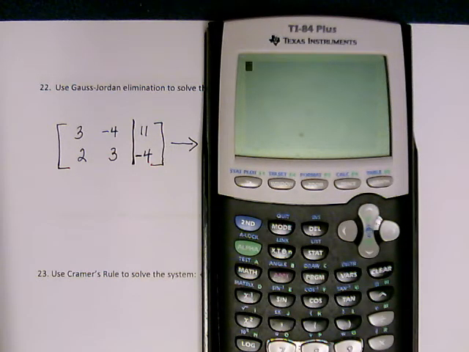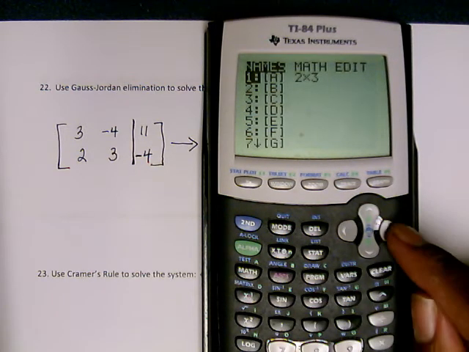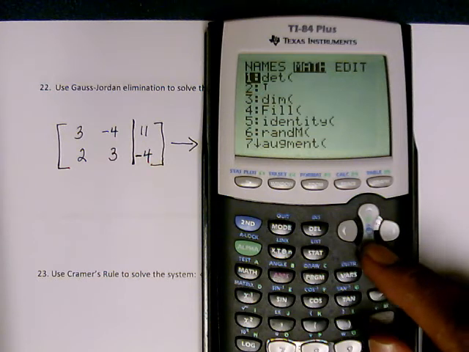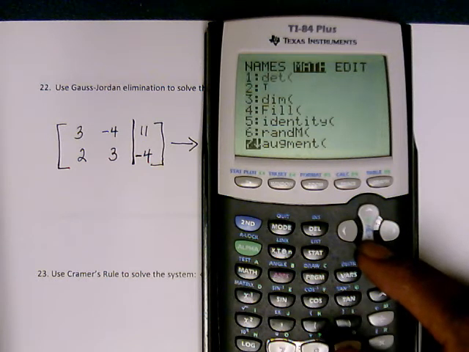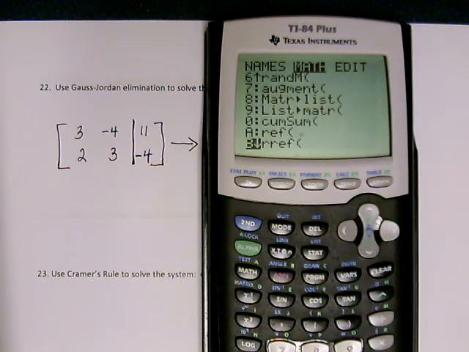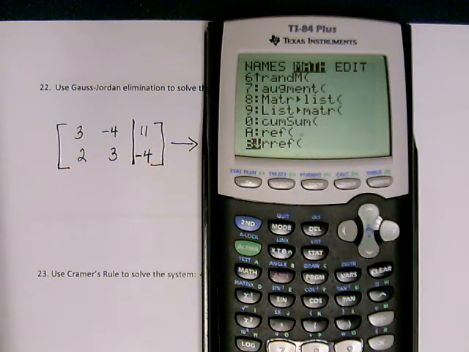And then the next thing I'm going to do is second, x to the negative 1, and then use my right arrow key to highlight the math menu. And then I'm going to use the down arrow key to find the menu item that says RREF. That's the abbreviation for Reduced Row Echelon Form.